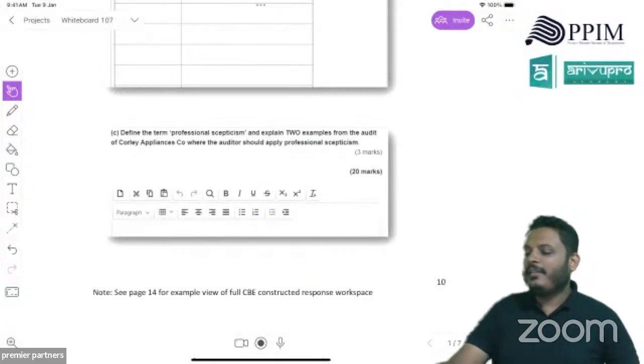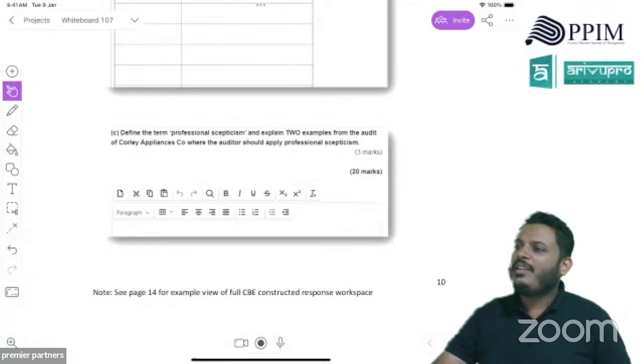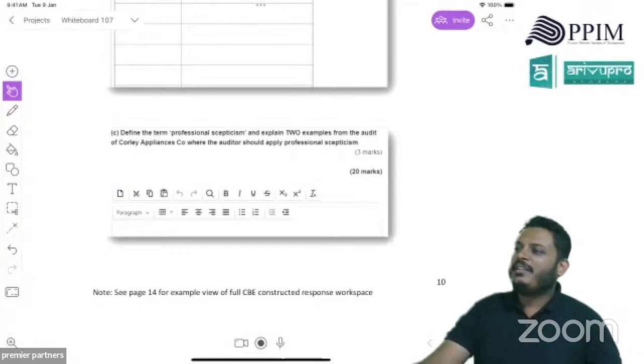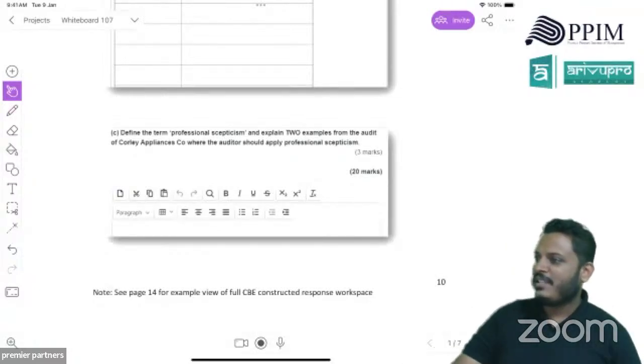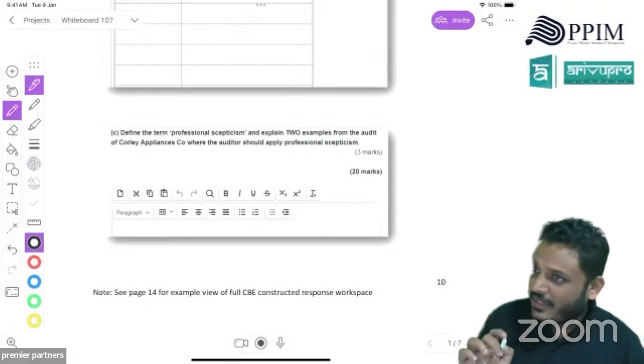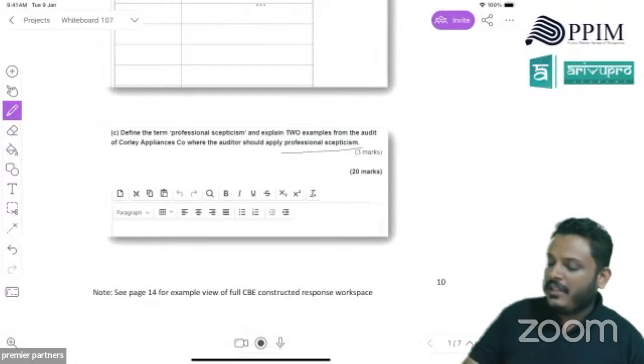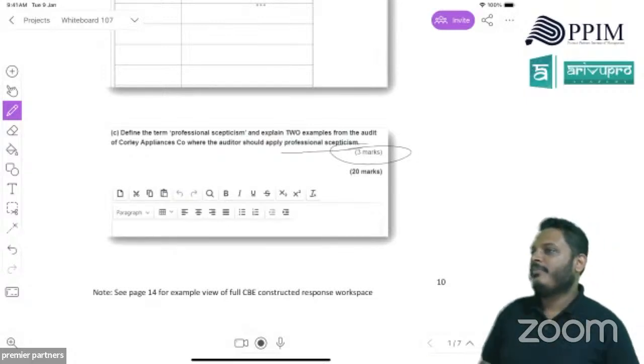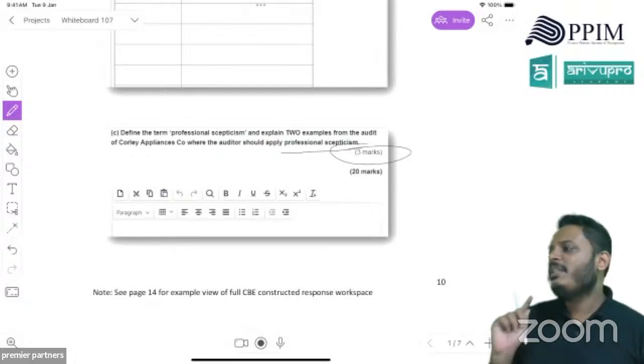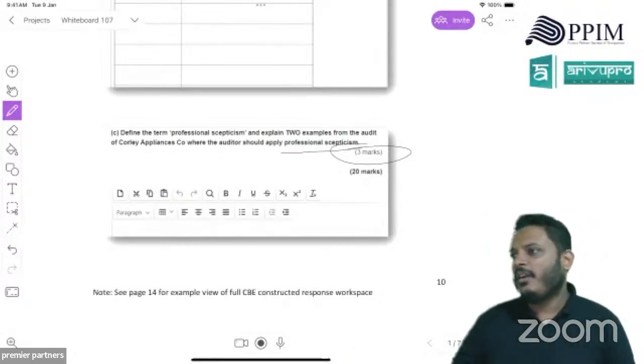So, in 2020, students, there was a technical article published in ACCA. Still, that article is there, about professional skepticism. And they asked that for 3 months. So please read technical articles. There are a lot of technical articles. Please read them.